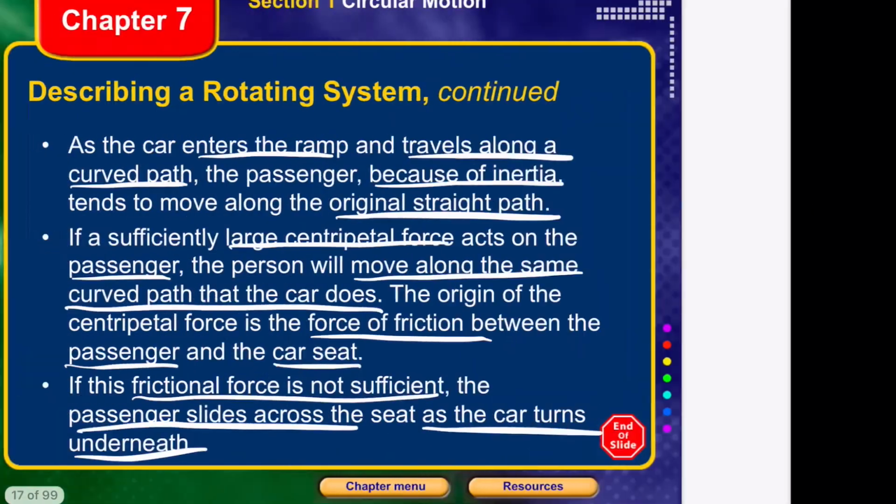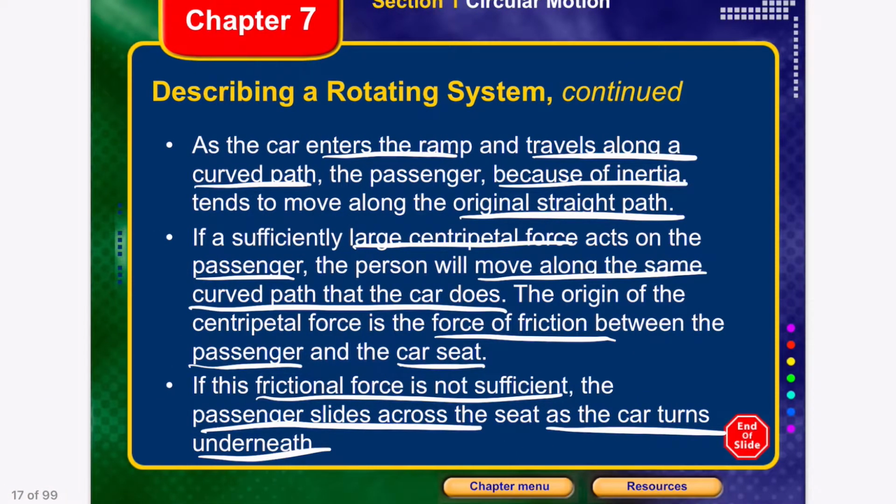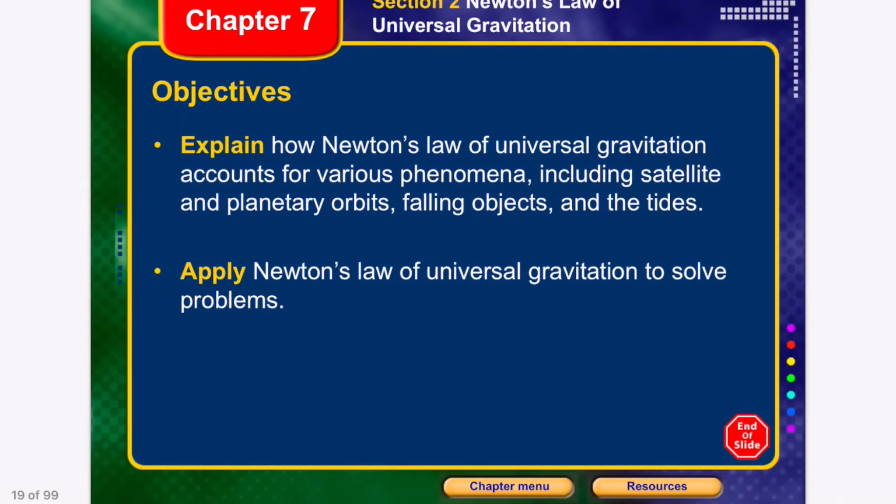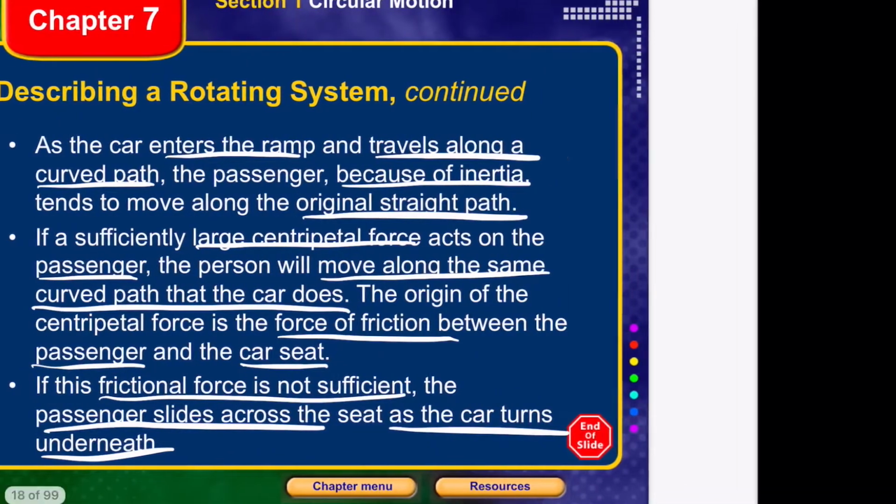Remember that this is not a force, but rather the inertia that is playing its part. Because the frictional force between you and the car seat is not sufficient, your inertia will push you outward. This type of inertial force that pushes you outward is called the centrifugal force.